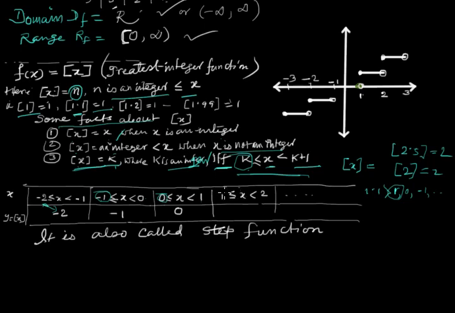Between 1 and 2, the value will be 1. So here we are plotting from minus 3 to minus 2, with a filled circle at minus 3 and an open circle at minus 2, because x is not included at minus 2. When x is from minus 2 to minus 1, all values are minus 2.